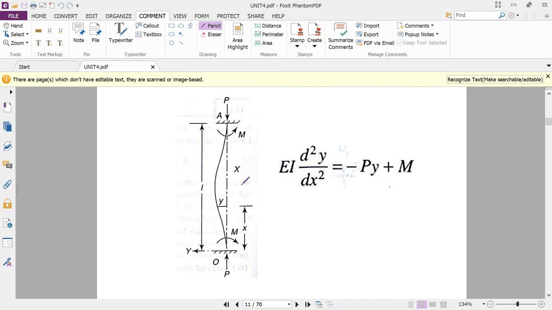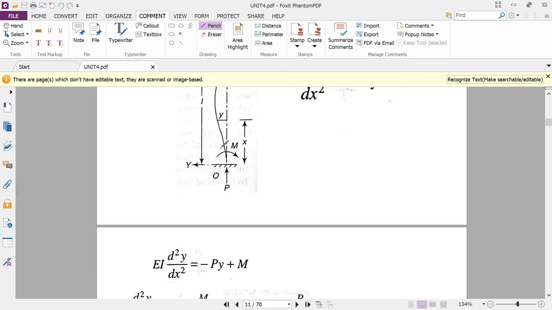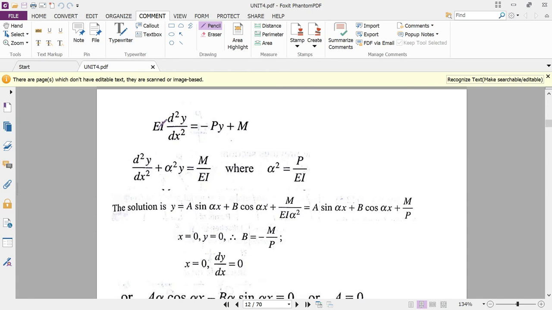So in that case, what will be the generalized differential equation? EI d square y by dx square is equal to minus p into y plus m. Already the moment p into y will be there, but along with that a moment will be formed, because at a fixed support we know that a moment will be acting. So the equation becomes EI d square y by dx square is equal to minus py plus m.